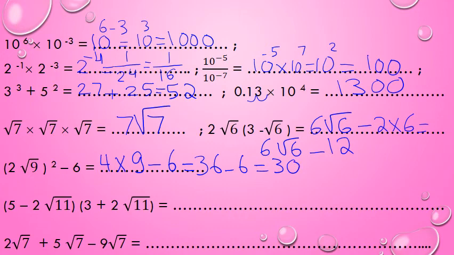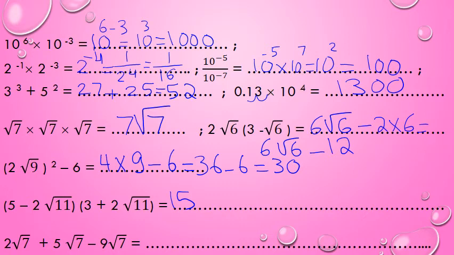Now, Ala, these two parentheses are multiplied together. So each term in the first parenthesis we multiply by each term in the second parenthesis. Let's start, Ala. 5 times 3, 15.